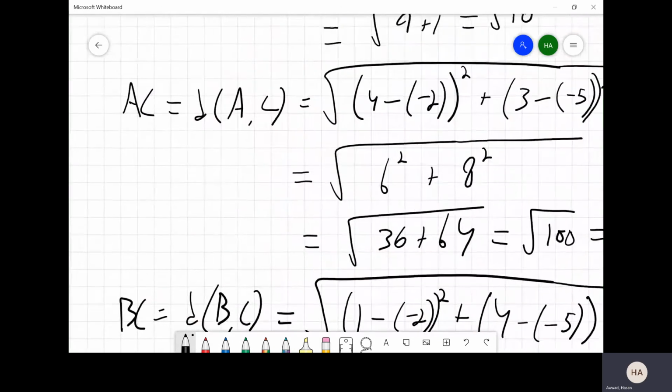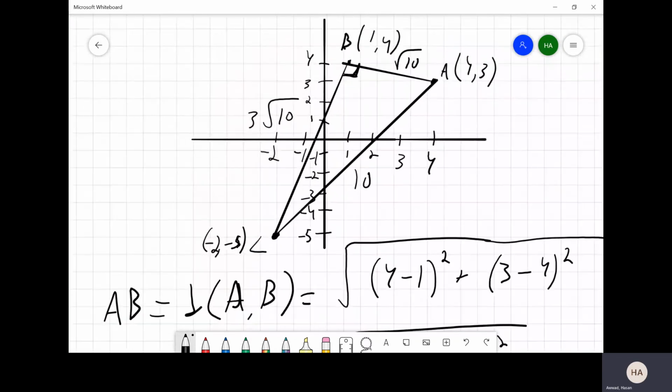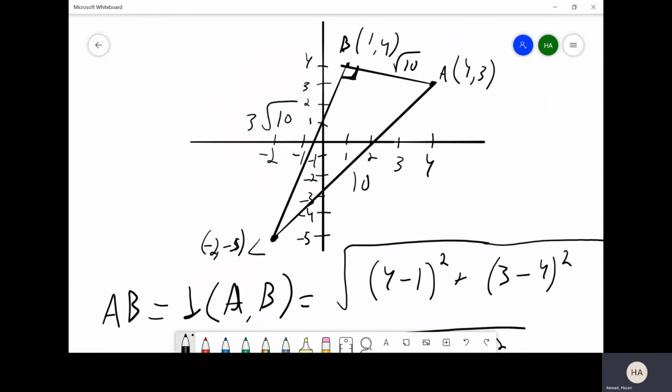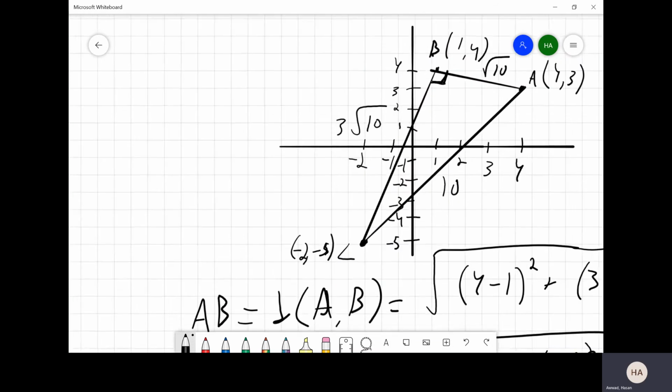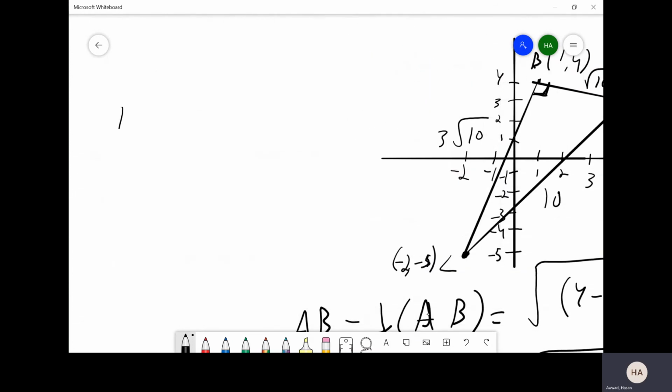Probably the hardest part is just figuring out which one is the hypotenuse, but using a little bit of intuition and a little bit of math trickery. Remember, we showed that 10 is really just the square root of 10 times the square root of 10, or the square root of 100, and then we broke it up that way. And all we really have to see is if the square root of 10 is larger than 3, well, 3 is the square root of 9.